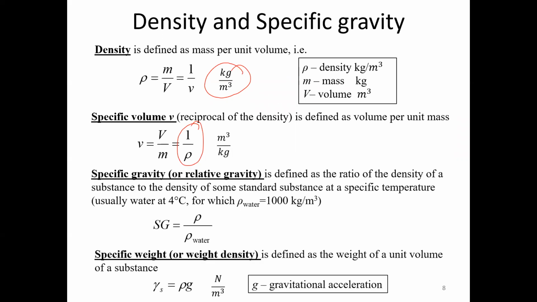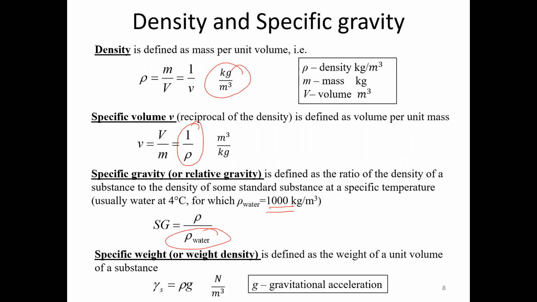There is specific gravity, and probably you'll find this property in many questions. Specific gravity relates to the ratio between the substance density and the water density. So we'll take water as a reference, because we know the water density at atmospheric pressure is 1,000 kilogram per cubic meter.